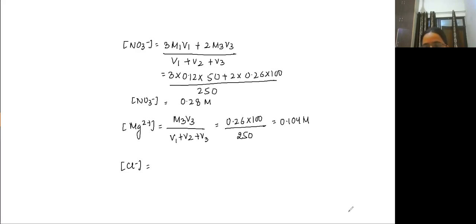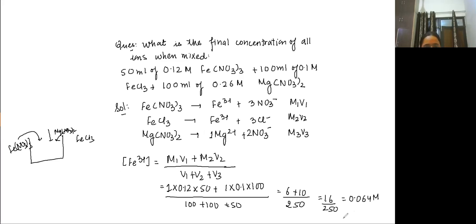Now next is Cl minus. Cl minus is present in which case? Correct, it is present in the second case. So what will be the formula? How many Cl ions are there? 3.